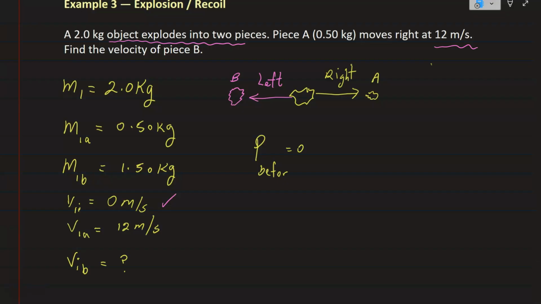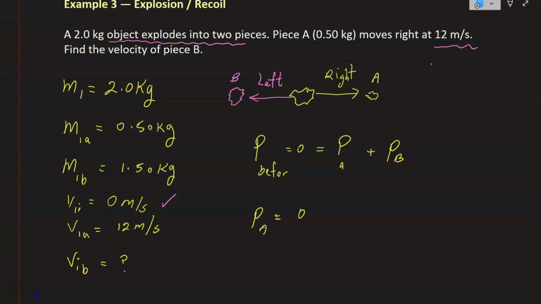But P after, we have two objects. So we have to say that it must equal the addition of the two, the momentum of object A after the explosion and the momentum of object B. Now let's look at the momentum of object A, and that's very simple.